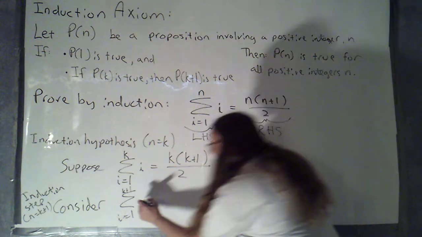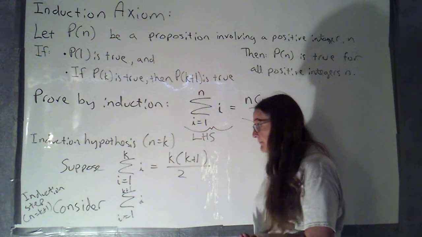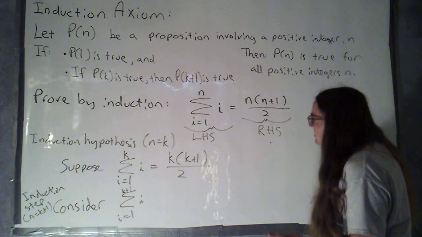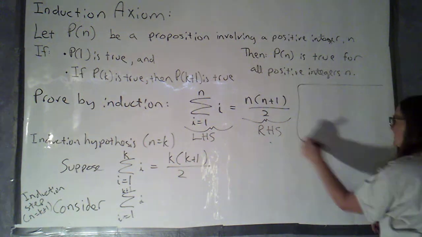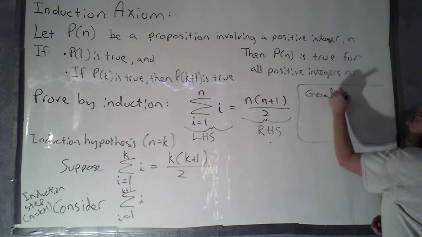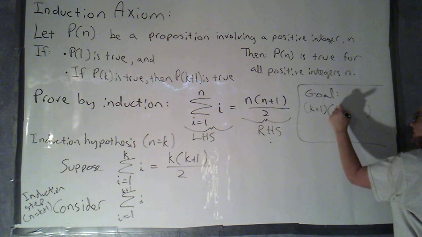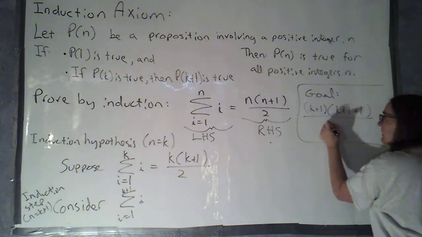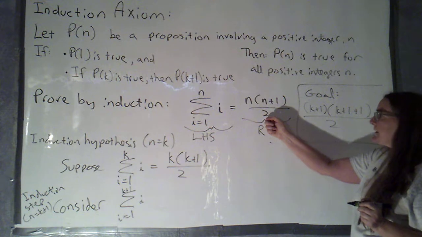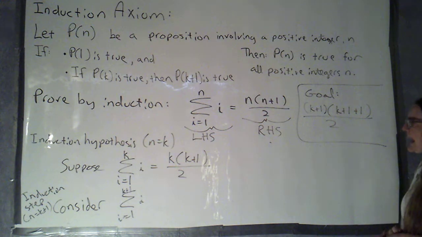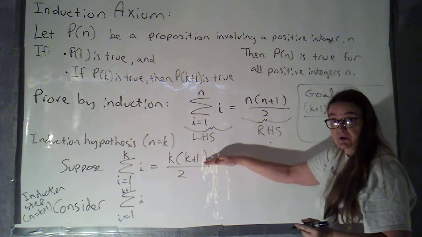And I'm considering the sum as i goes from 1 to k plus 1 of i. Well, I need to show that it's equal to this formula, but when n is replaced with k plus 1. So off to the side here, I'm just going to write that my goal is to get to k plus 1 times k plus 1 plus 1 all over 2. That's what I would get if I replaced n with k plus 1 here. And somehow I want this to be true because this was true.